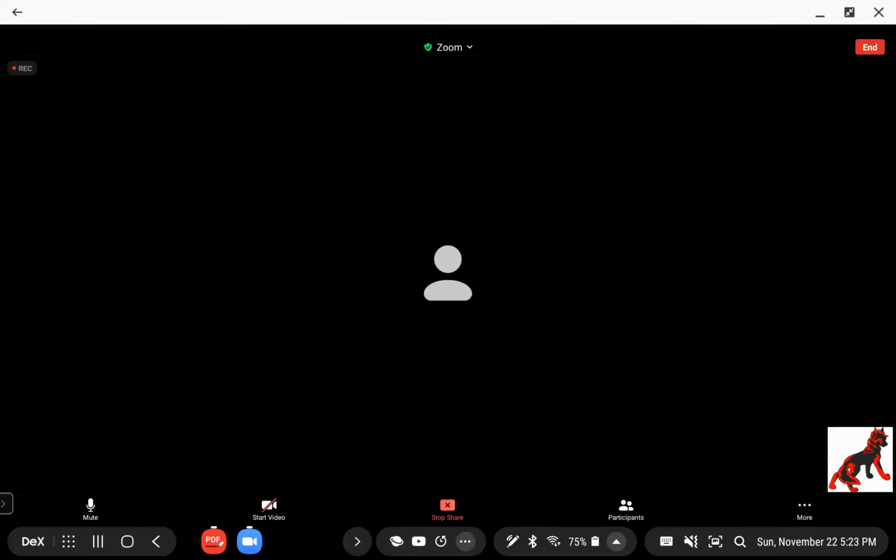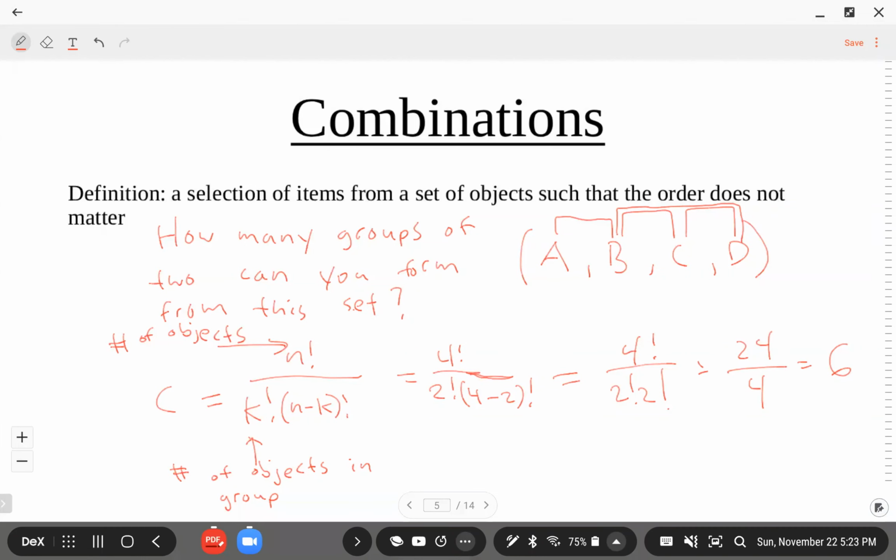So now I will explain why this combination formula works. Now, permutations are kind of easy to understand, right? They're just arrangements. But combinations, it's hard. Basically n factorial is the permutation, right? But why do we need to divide all these things?